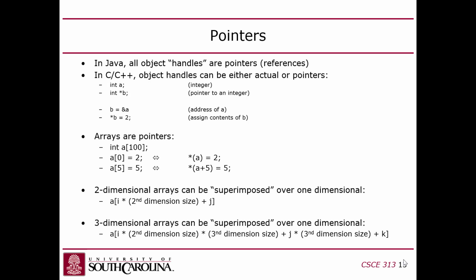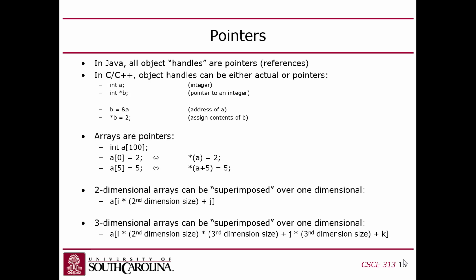The difference is that brackets let you add an offset and then dereference. So if you say a of 5, it takes a as the base address, takes the size of the element, so if it's an integer the size is 4 bytes, multiplies that by 5, which gives you 20, adds 20 to the address of a, and then dereferences it. Does that make sense?